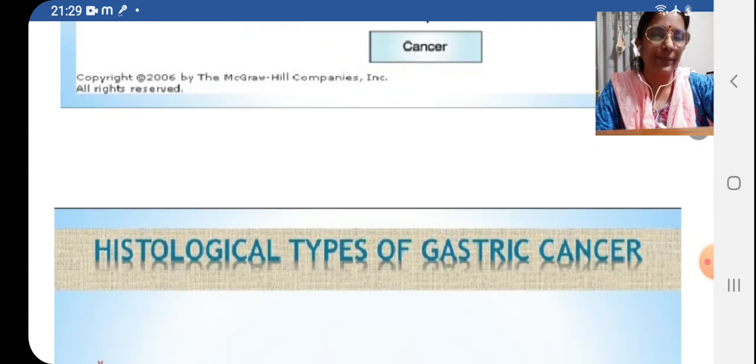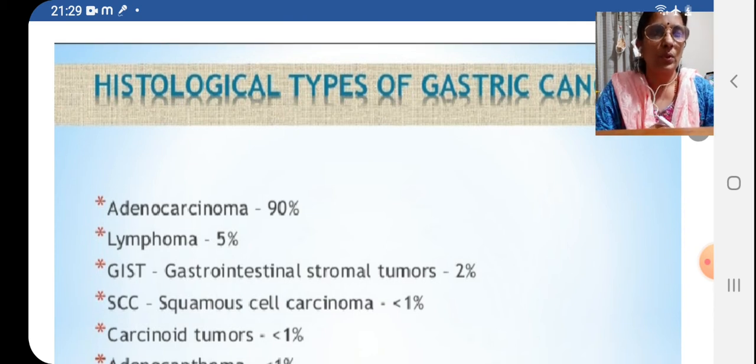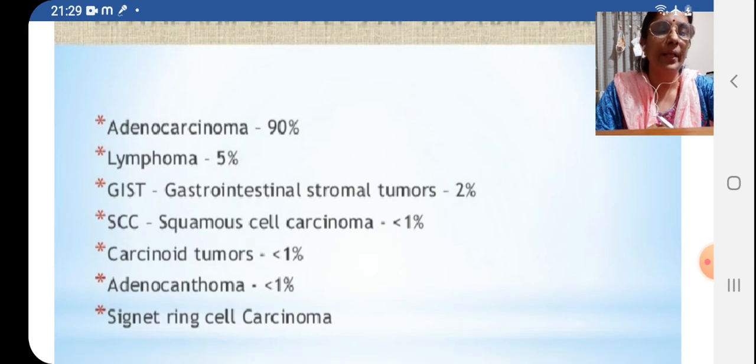Then the histological types of gastric cancers. Adenocarcinoma is the most common type of gastric carcinoma we see. 90% of the gastric carcinomas are adenocarcinomas. Only 10% is made up of lymphoma, gastrointestinal stromal tumors, squamous cell carcinoma, carcinoid tumors, adenoacanthoma and signet ring cell carcinoma.